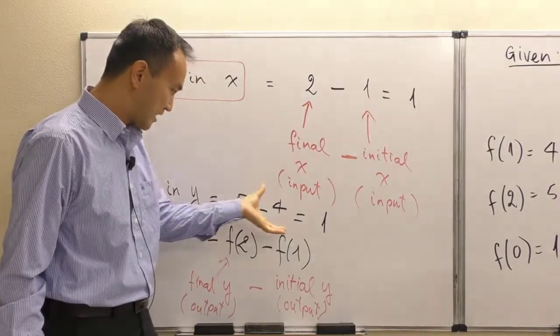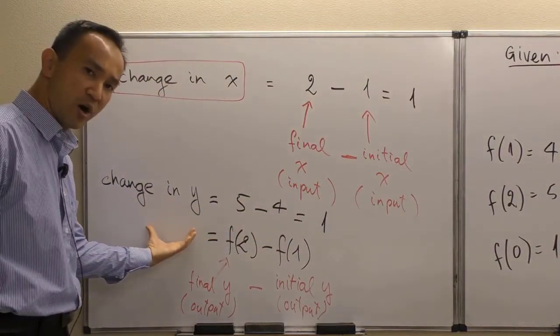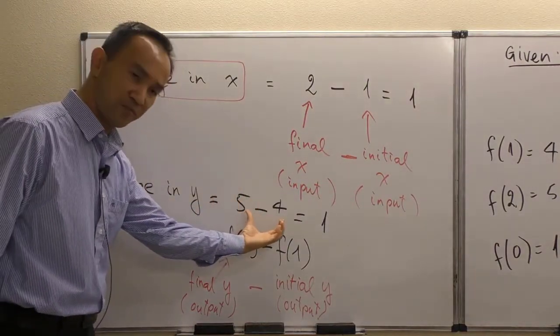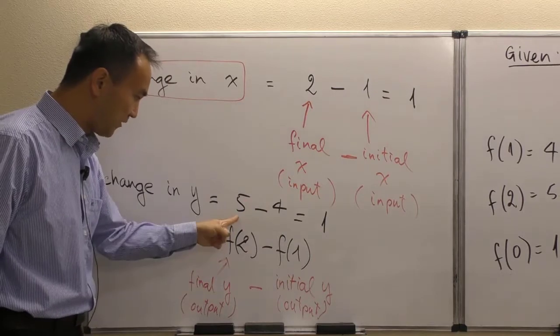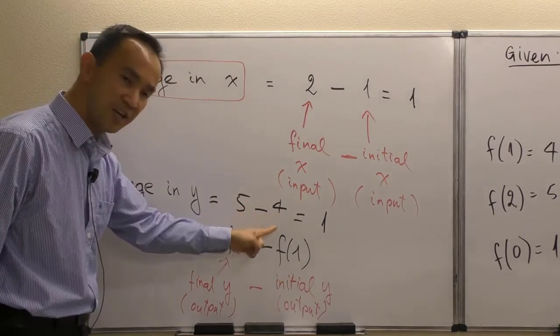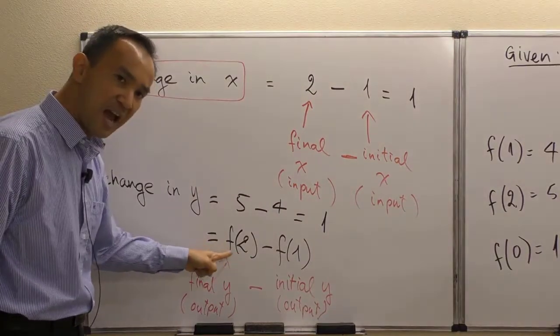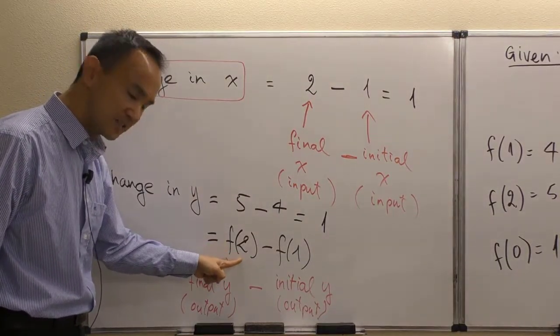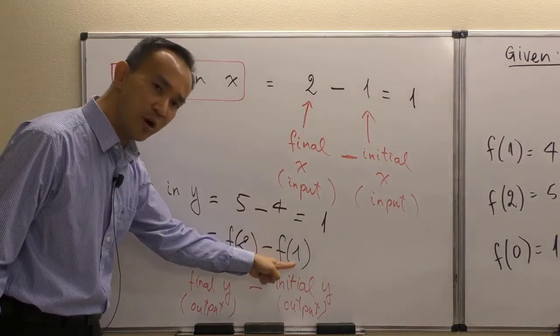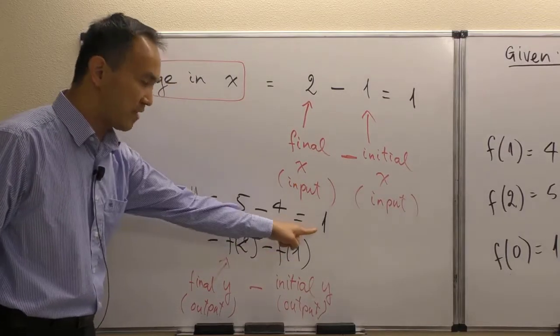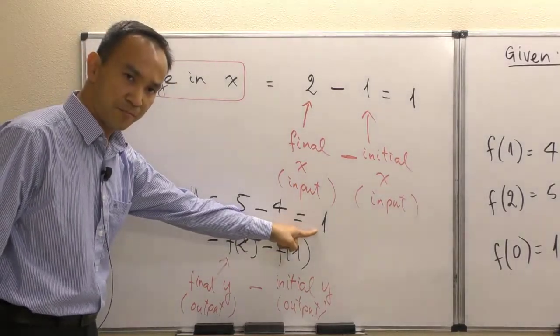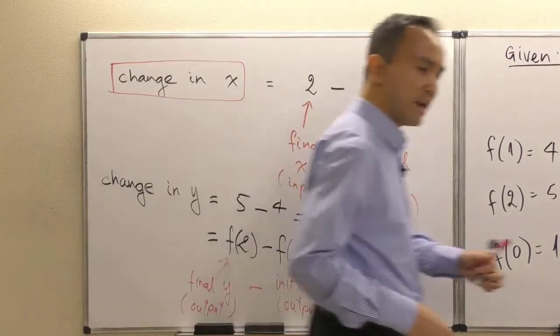Just that same way, we also calculated the change in y by doing final y value minus initial y value, and correspondingly it means f of 2, f at the final input x, minus f at the initial input x right here. And we came out to a change being 1 as well. All right, so let's look at that on the graph to understand.